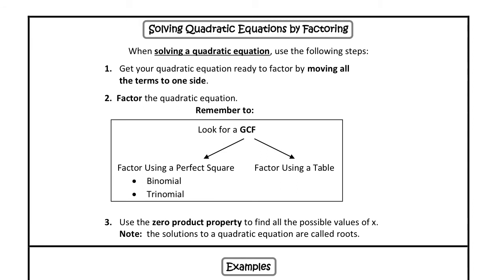And then factor the quadratic equation using, first remember to look for the GCF, and then we can use one of the methods that we practiced last semester. Remember, we used a table method, we had a perfect square trinomial, and then we had a difference of squares. So using one of these things from last semester.